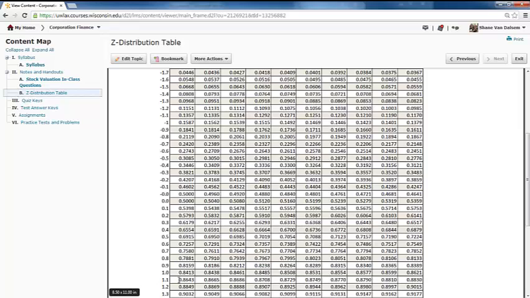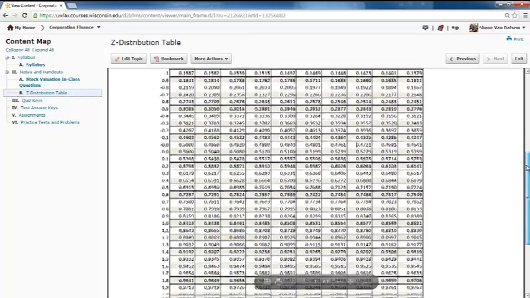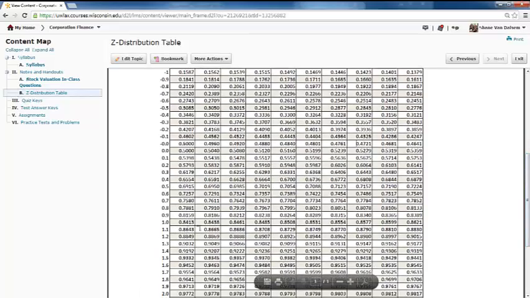So this is going to be 1.10, 1.11, 1.12, 1.13, 1.14, 1.15, and 1.16 would be right here at 0.8770.